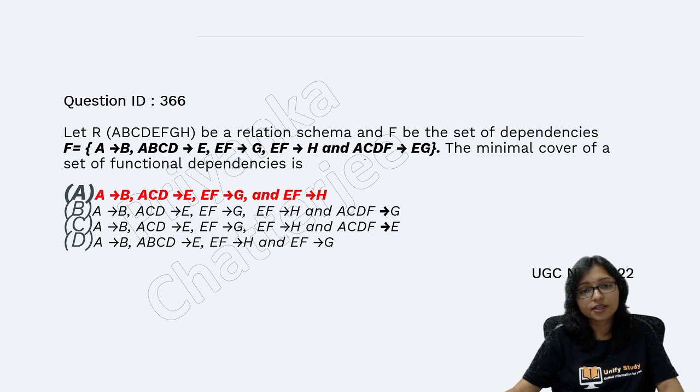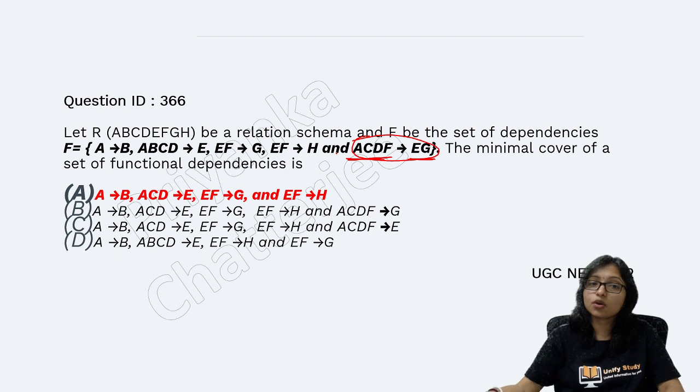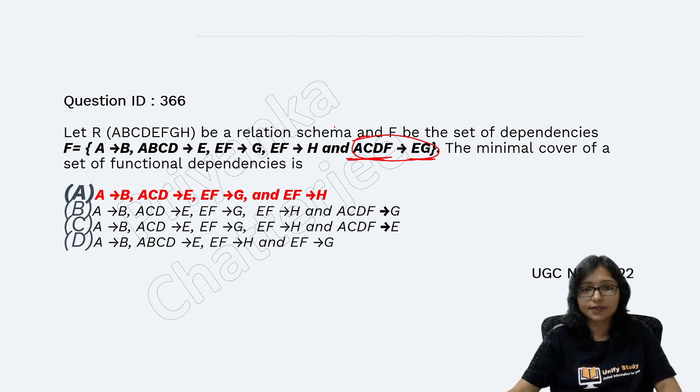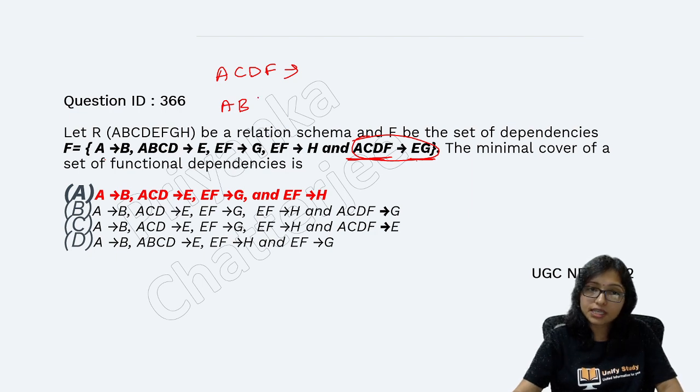Why is this the answer? Try with this one. See that A, C, D, F implies E, G. If I am removing this one, after removing it, can I determine EG or not? You can see yes, because if A, C, D, F are all coming, A implies B, so from A I can determine B. C, D, F are already there.